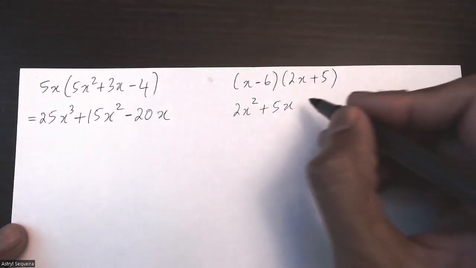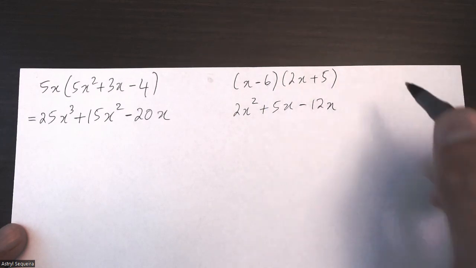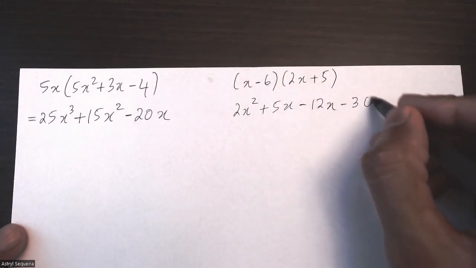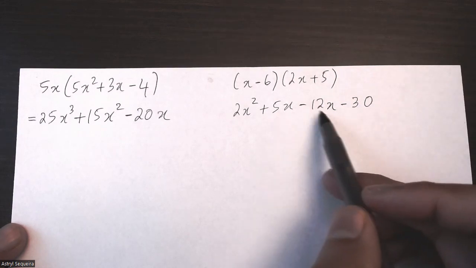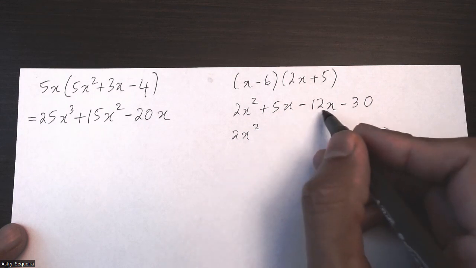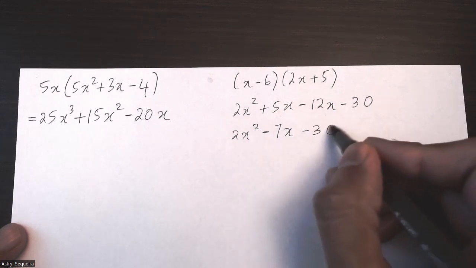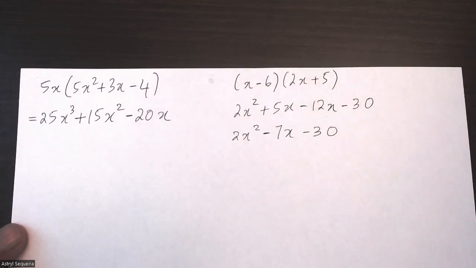Negative 6 times 2x is negative 12x. And negative 6 times positive 5 is negative 30. Then I can combine these two like terms in the middle. So 5x minus 12x is just negative 7x. And this is my final solution.